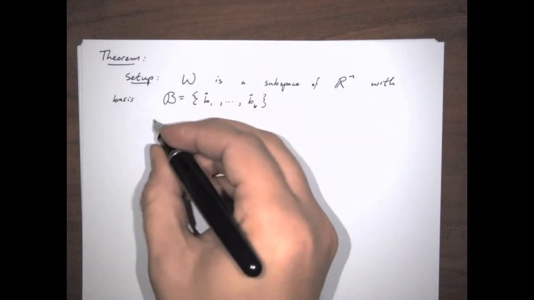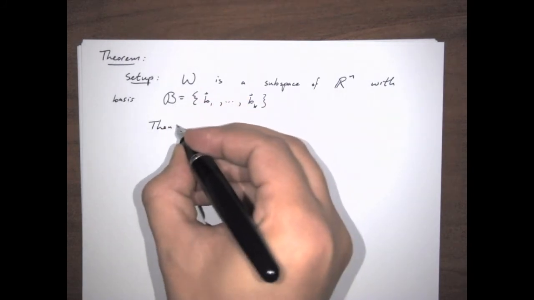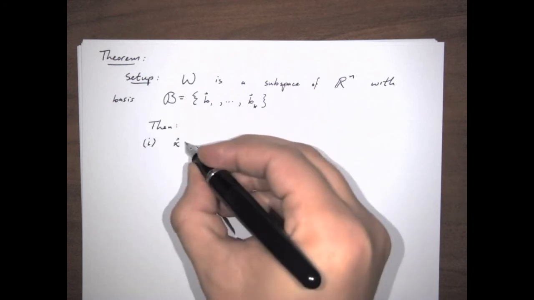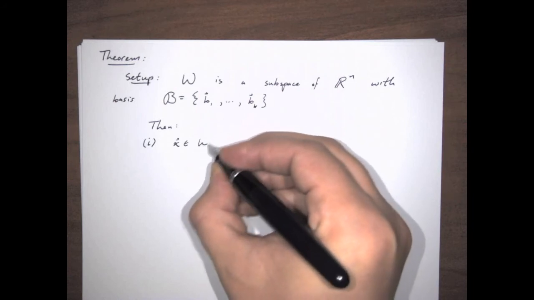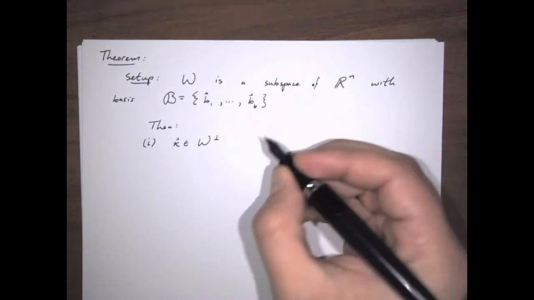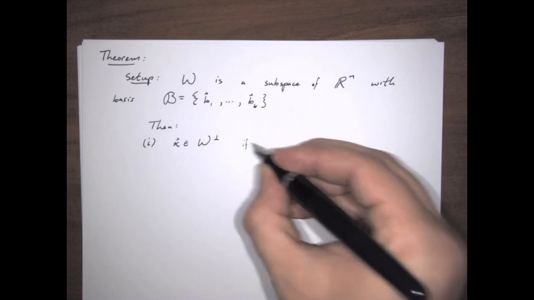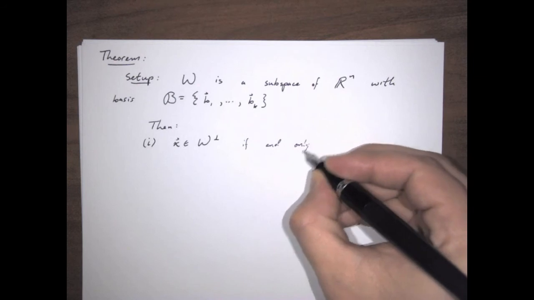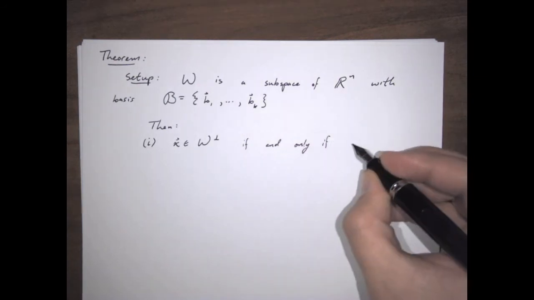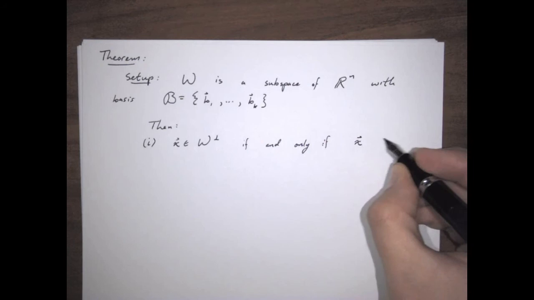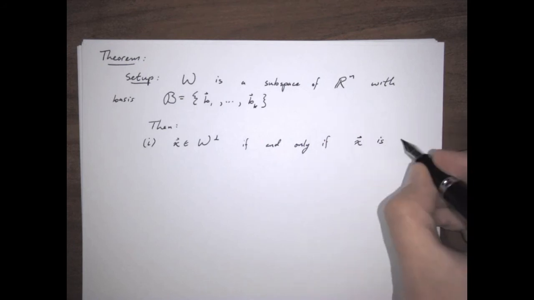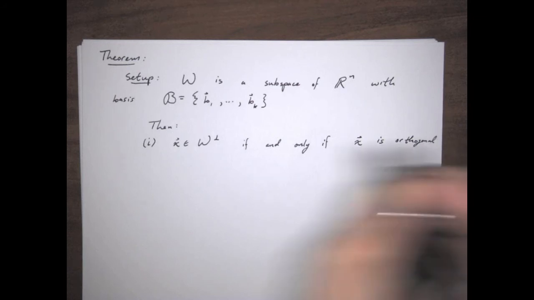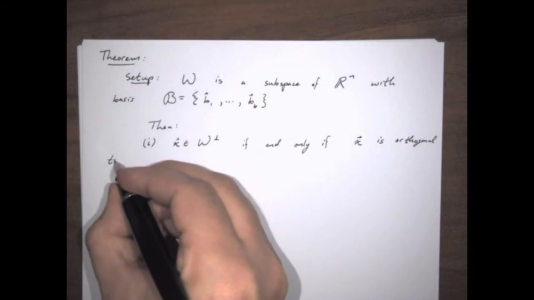So then, 1, x belongs to W perp, the orthogonal complement of W, if and only if x is orthogonal to each element.